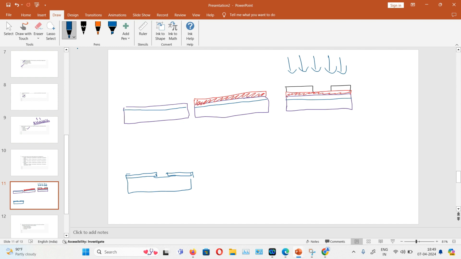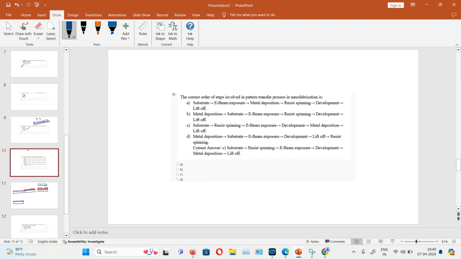Like that way we can do the nanofabrication. So let us go to the options. Substrate, electron beam exposure, metal deposition, resist spinning. This is not correct, because metal deposition does not happen first. On the substrate, resist spinning happens first.